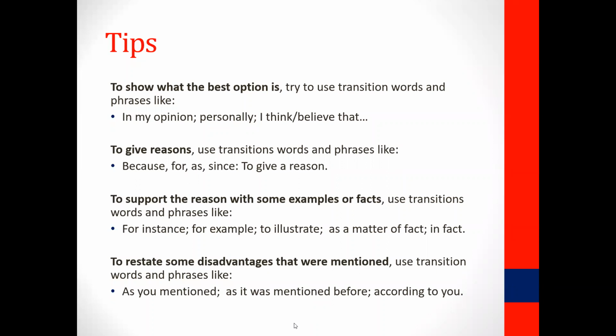To support the reason with some examples or facts, use transition words and phrases like, for instance, for example, to illustrate, as a matter of fact, in fact. To restate some disadvantages that were mentioned, use transition words and phrases like, as you mentioned, as it was mentioned before, according to you.